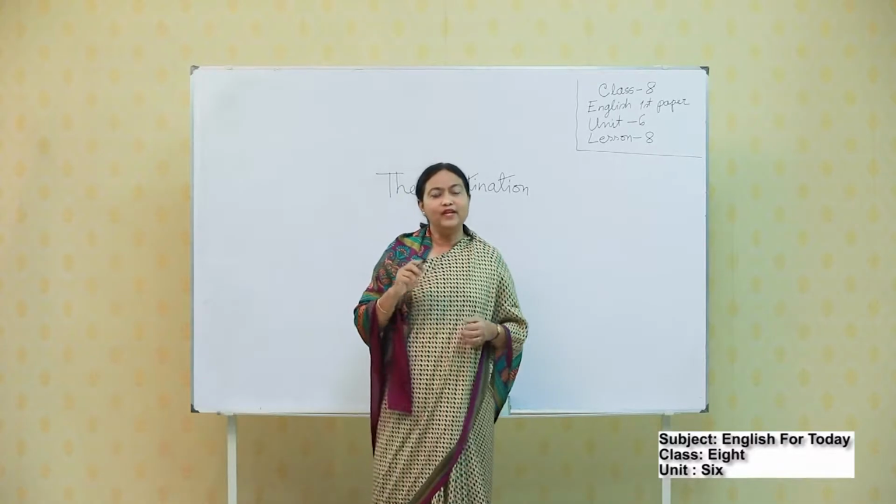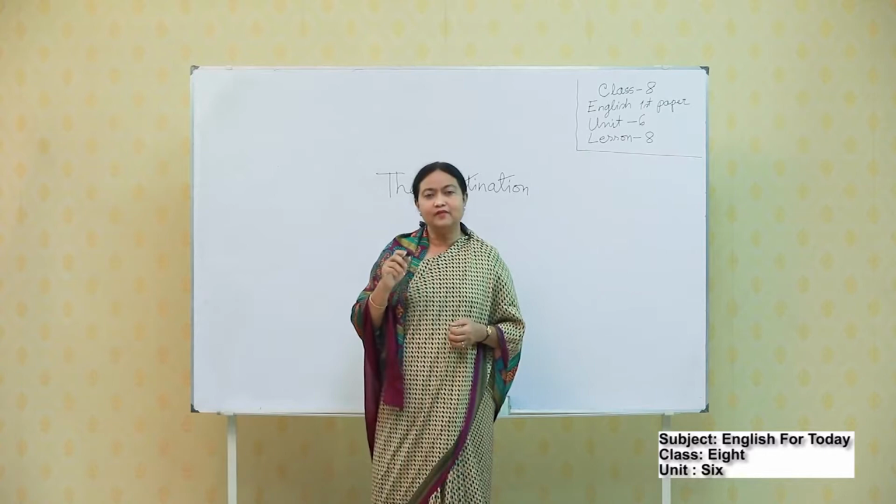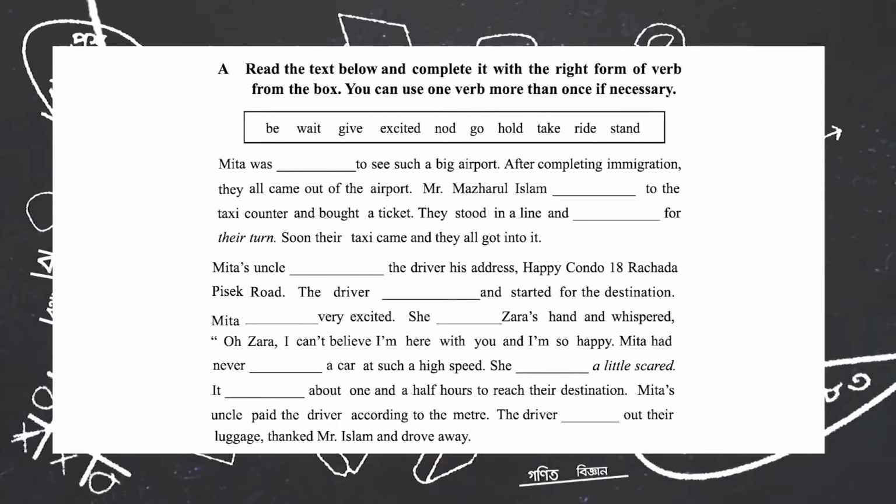Right form of verb means there are some verbs, but according to the situation or the demand of the sentences, you have to change the verbs. In the box, usually the verbs are in basic form, but you have to change the form and then put it to fill in the gap.